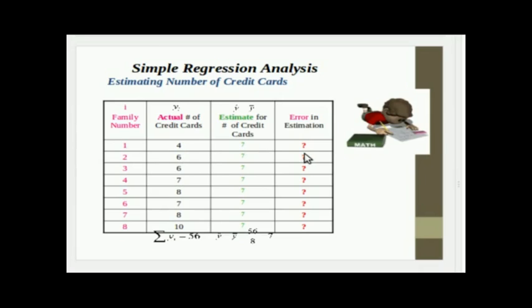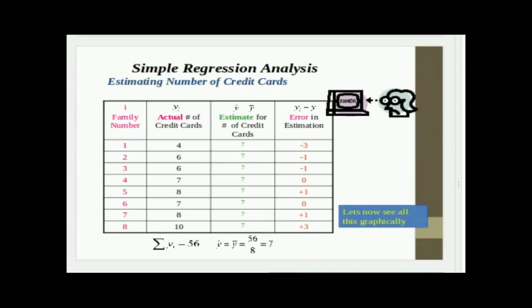So 4 minus 7 will be the error in estimation. Next we will see how much error is present in the estimation. So here for family number 1, the error in estimation is minus 3.